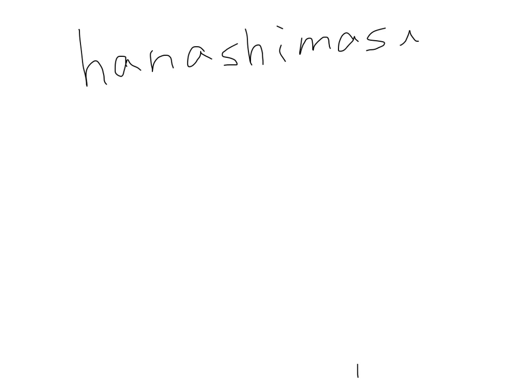Here's one more example. Hanashite wa ikemasen. First, you write hanashimasu. If you want to change it to hanashite wa ikemasen, first you have to remove this point from M and this point.